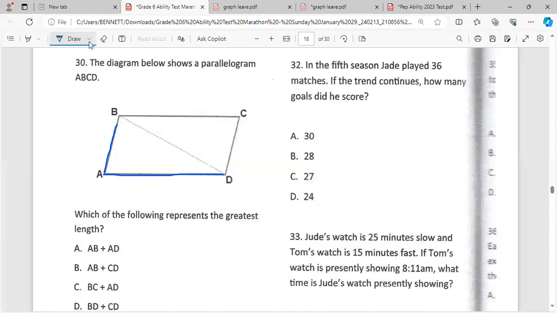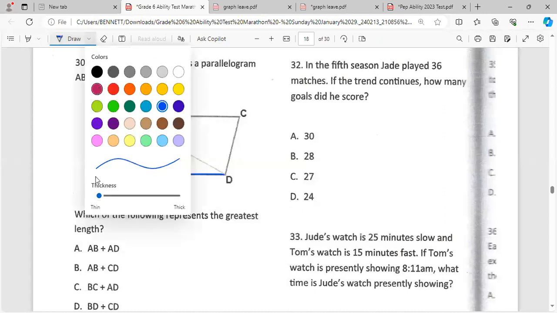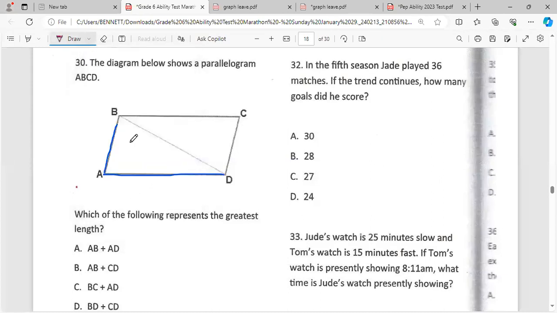Let me just color code it so persons can see the different lines. So the next one says AB again, along with CD. So this would be the shortest. Agree? So we can eliminate B.